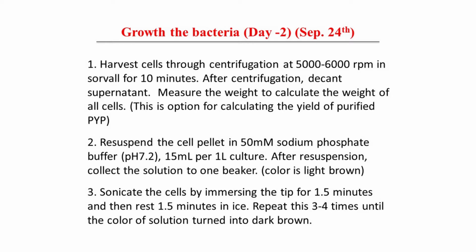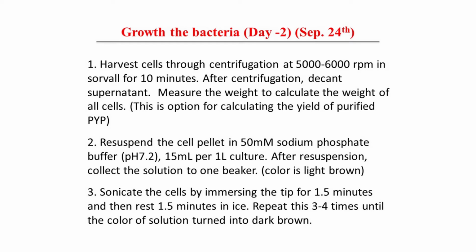Okay, so step 2 is resuspending the cell pellet. It means you bring the pipette, and because the E. coli is at the bottom, you pour in additional solution, not new solution, which is 50 millimolar sodium phosphate, pH 7.2. This is a new solution, and you can define and control the pH.